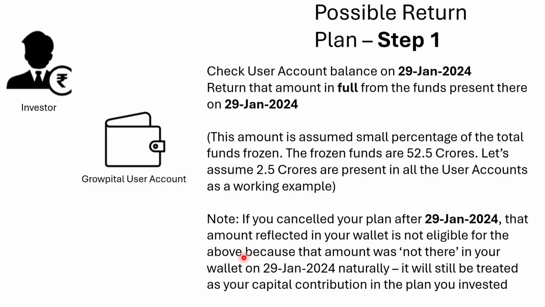But this is not eligible for the above because the amount was not there in your user account or wallet on 29 Jan 2024. It will still be treated as your capital contribution, effectively saying that any cancellations after 29 Jan 2024 are invalid, and if you have invested and cancelled, that cancellation will not be considered, and that money will be deemed to have been invested into that plan, and all cancellations after 29 Jan 2024 are invalid.